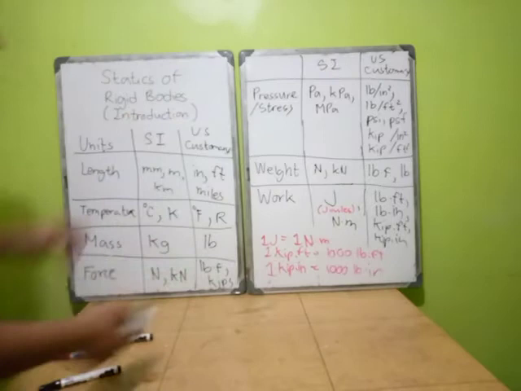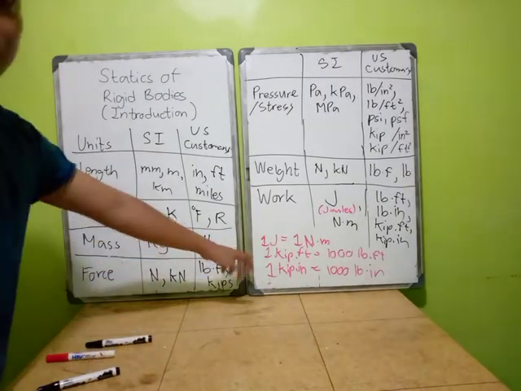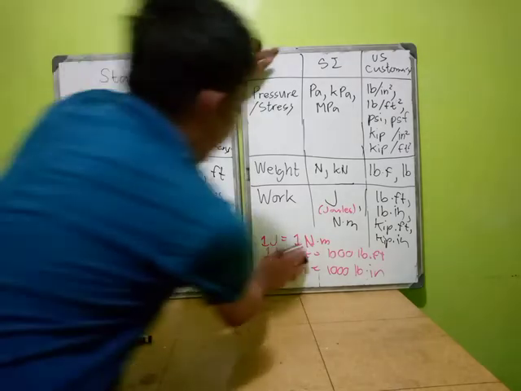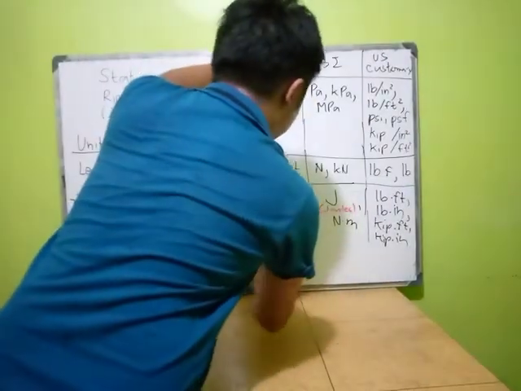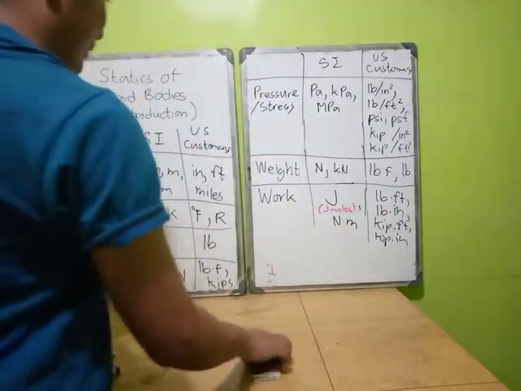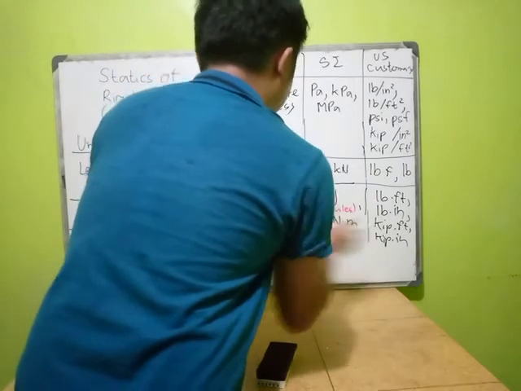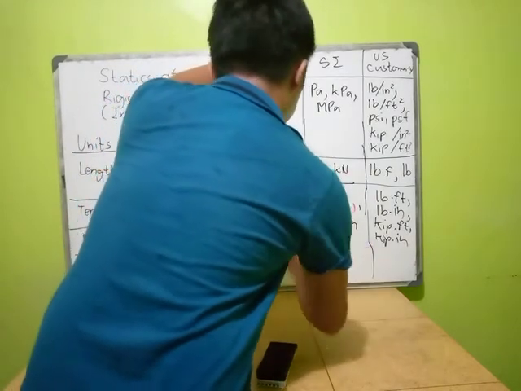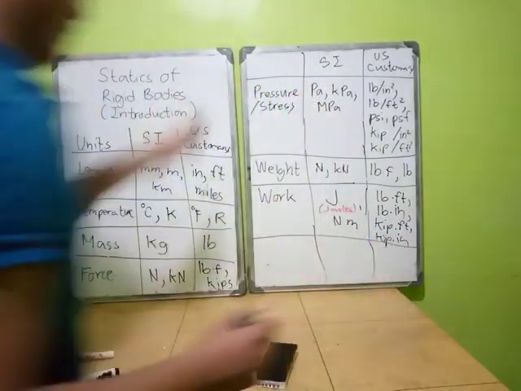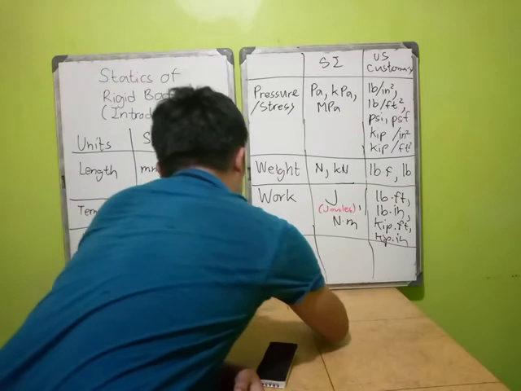Meron pa class, okay? So maybe I will erase this one. Okay? So ulitin nyo na lang kung hindi nyo nasabayan. Okay? So this is a review for our units. Okay? So meron tayong ibang units dito. Okay? So we have the term moment.